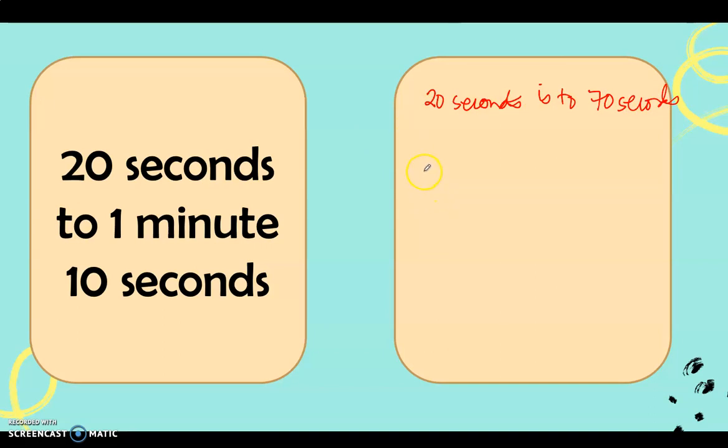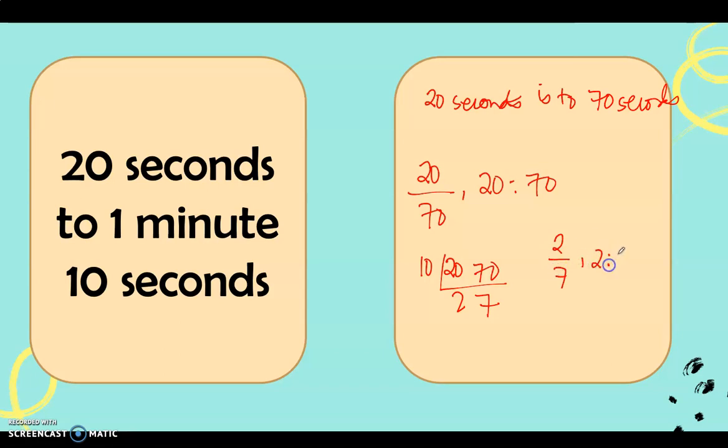If you're going to write it in fraction or colon form, it could be 20 over 70 or 20 is to 70. Now these two terms have a common factor, so we can get the lowest term. We have 10, and this is 2, and this is 7. So no common factor between 2 and 7. Therefore, the simplified form of 20 seconds to 1 minute 10 seconds is 2 over 7, or 2 is to 7.